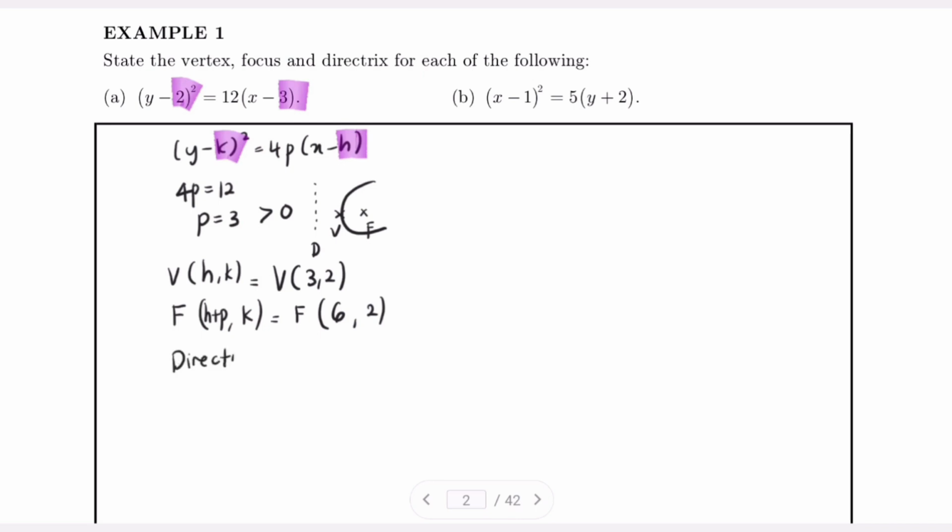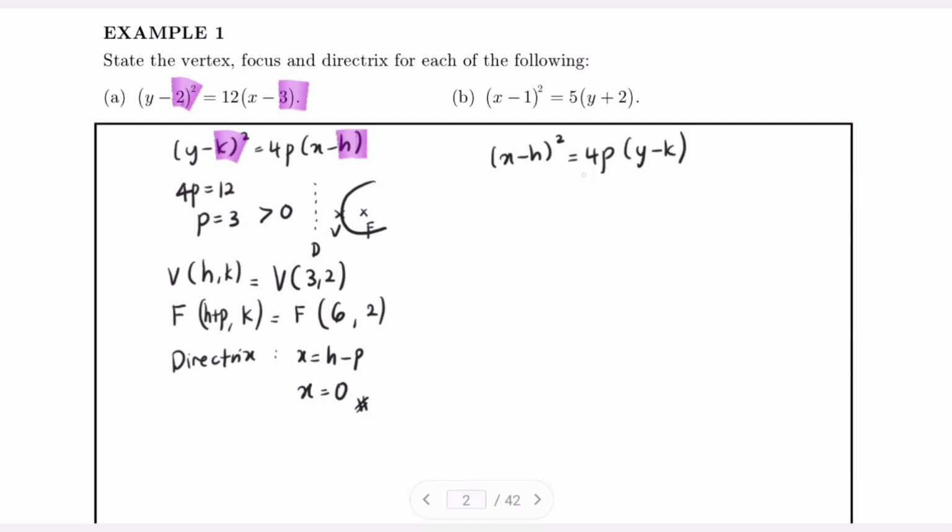And for the directrix, the formula will be x equals h minus p. So 3 minus 3 equals 0. For part B, we're going to start with comparing with the formula, which is x minus h squared equals 4p times y minus k.